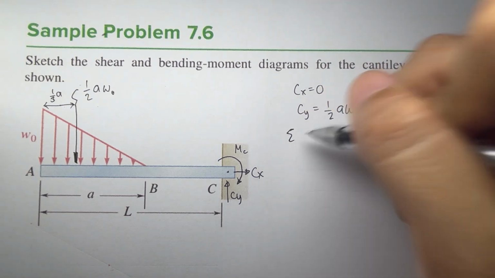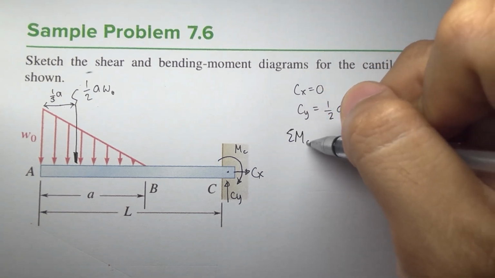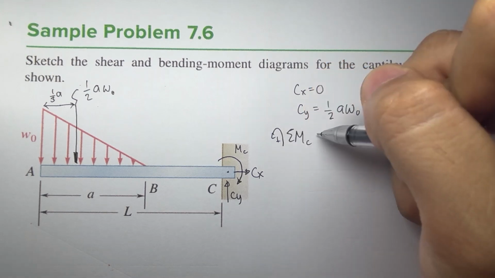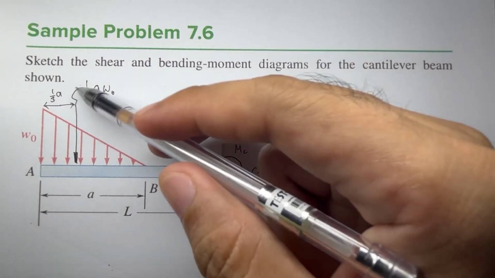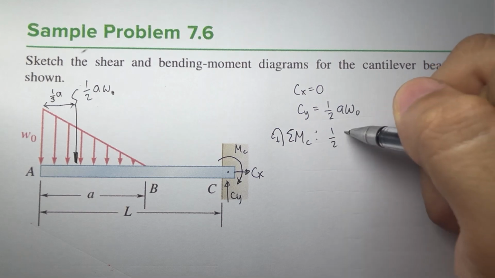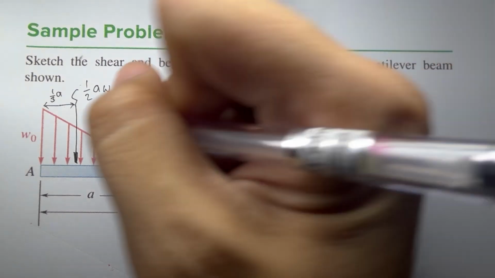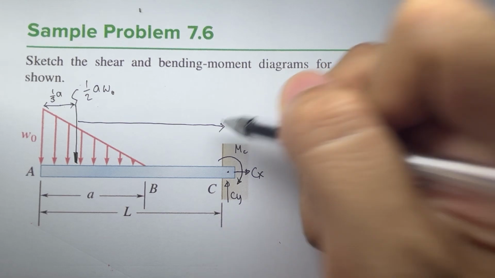Using summation of moment at point C, counterclockwise positive, what we have here is the force 1/2 A omega naught times its distance from the pivot point.